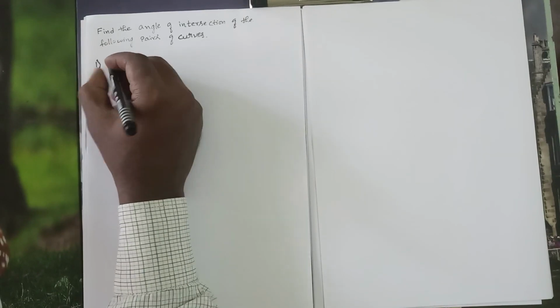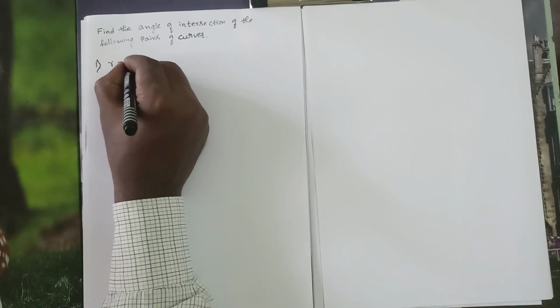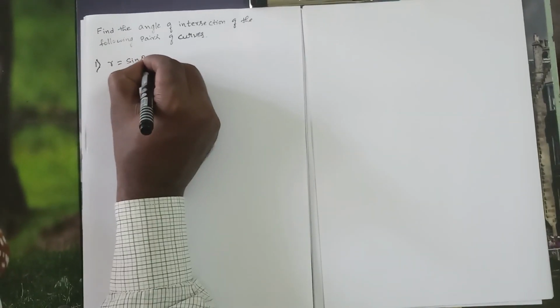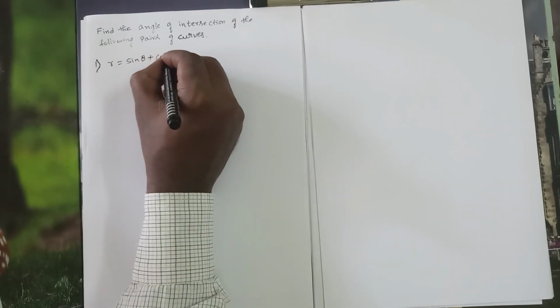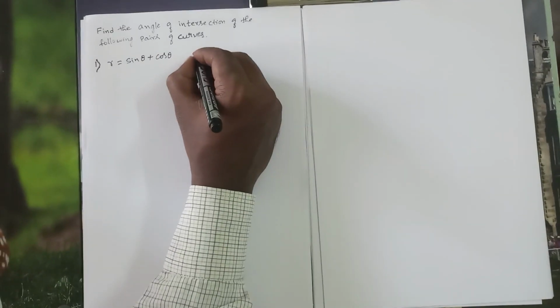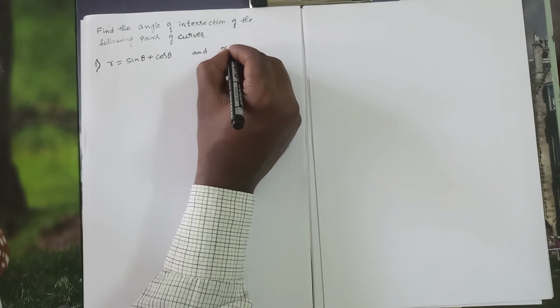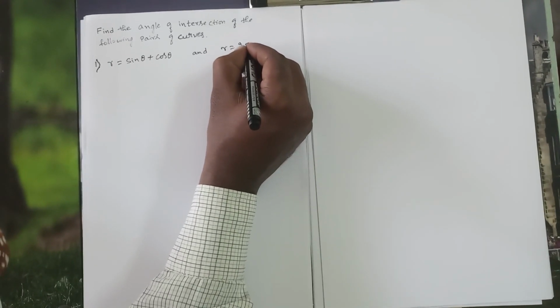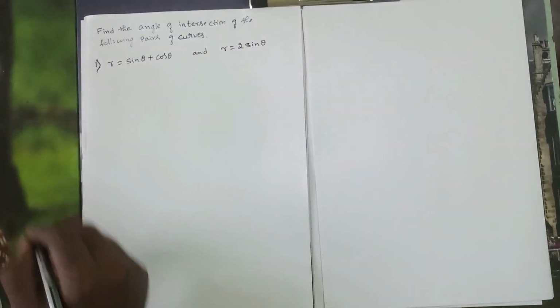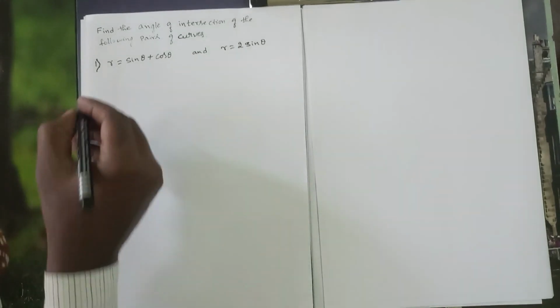So R equals sin theta plus cos theta and R equals 2 sin theta. So solution.